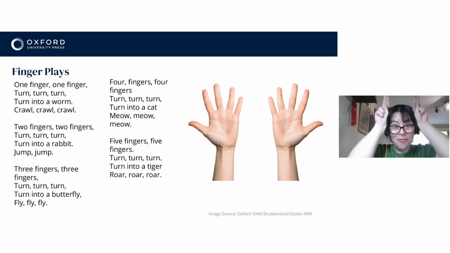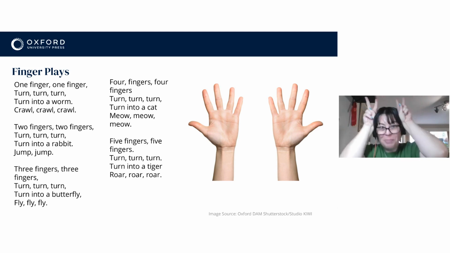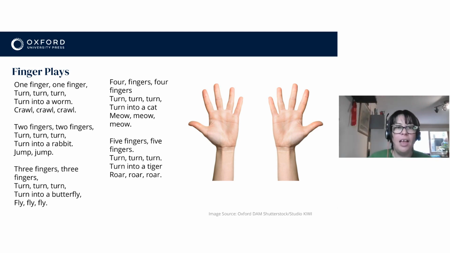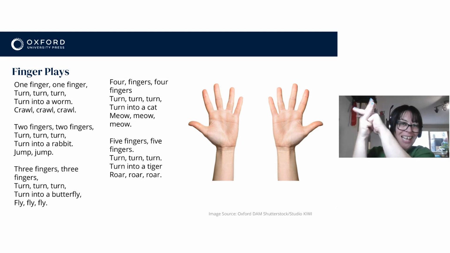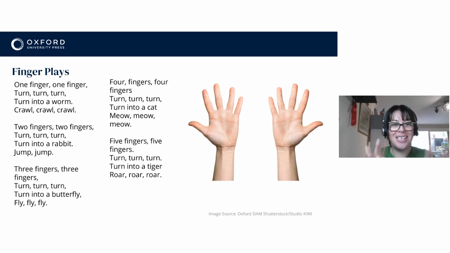Turn into a rabbit. Jump, jump, jump. Okay. 3 fingers turns into a butterfly. 4 fingers turns into a cat. 5 fingers turns into a tiger. So little activities like this are great for bringing that focus back again.